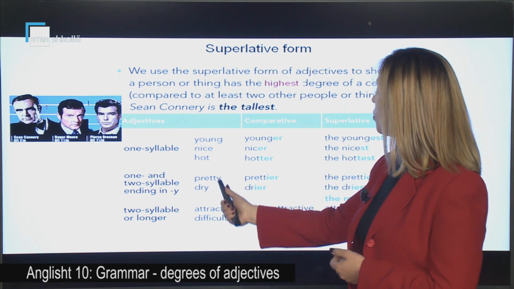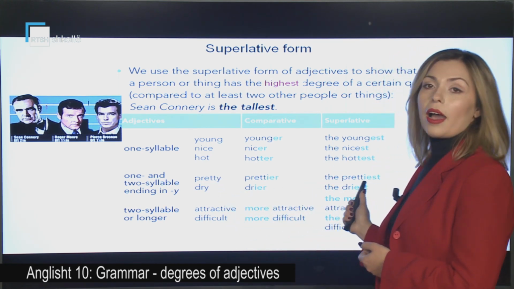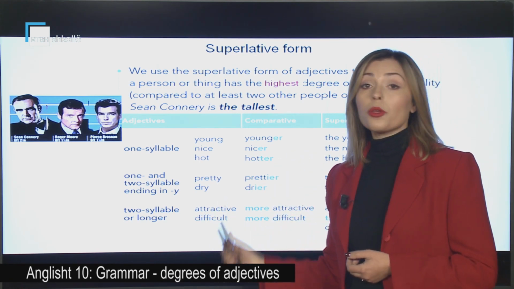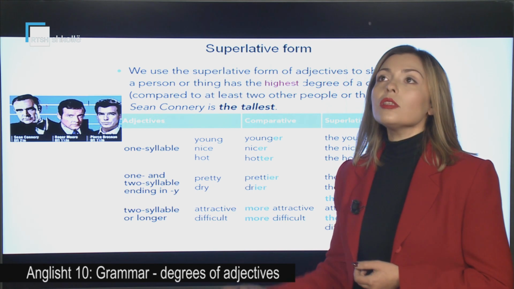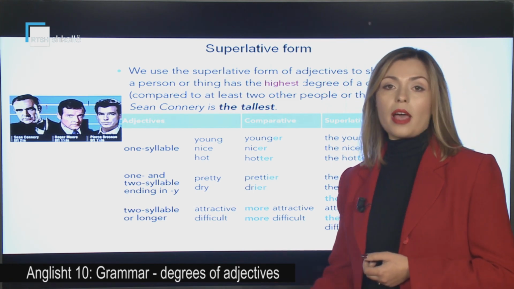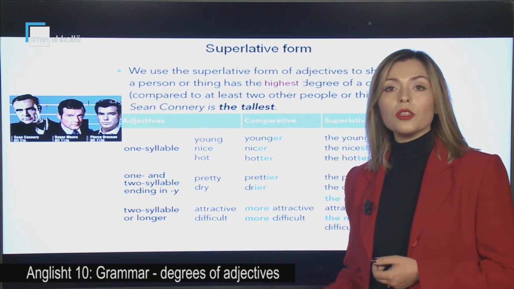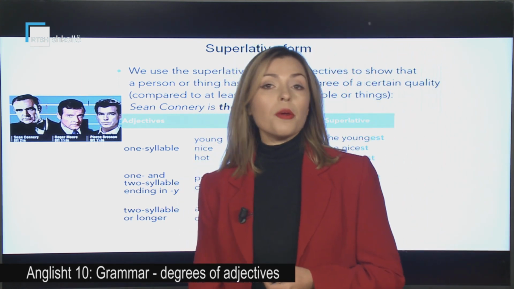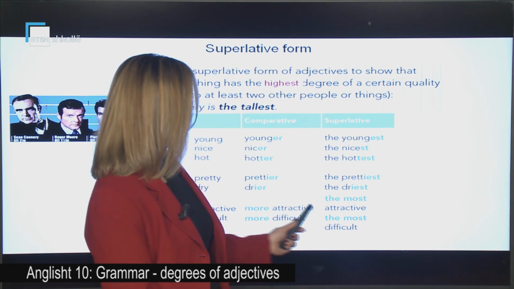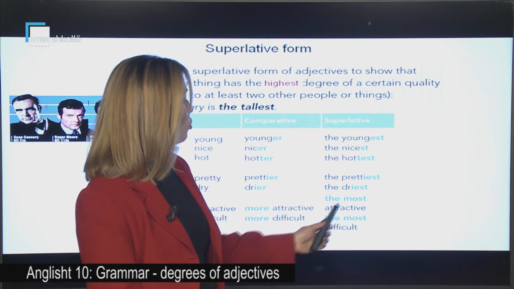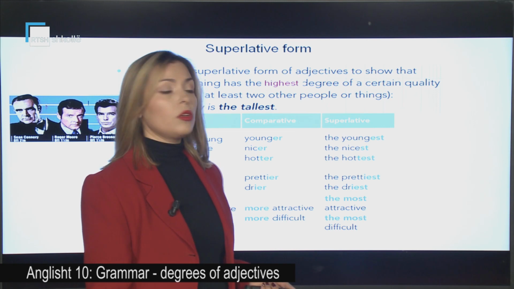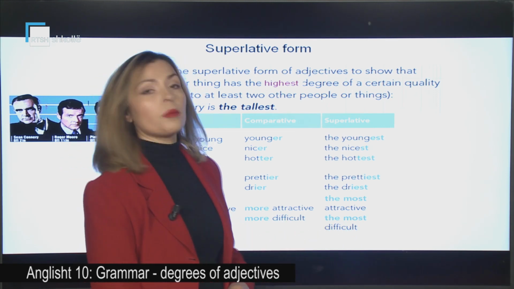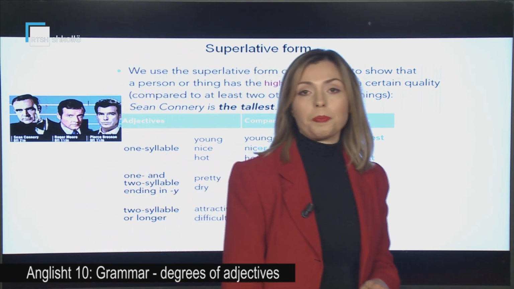Again, we drop Y and we put I. But if we have adjectives with two syllables or more, or simply if we have long adjectives, then we're going to use another structure. We're going to use the most. So, attractive, the most attractive of all, or difficult, the most difficult problem of all.